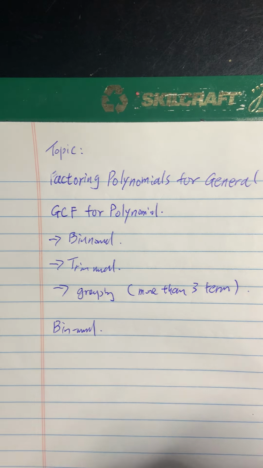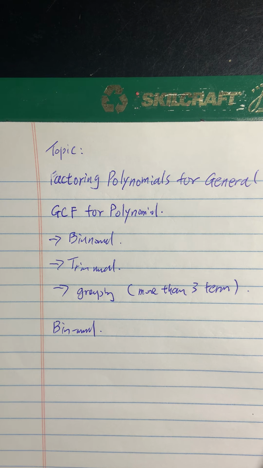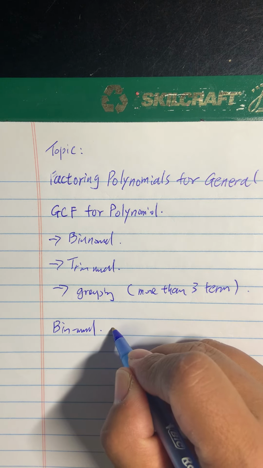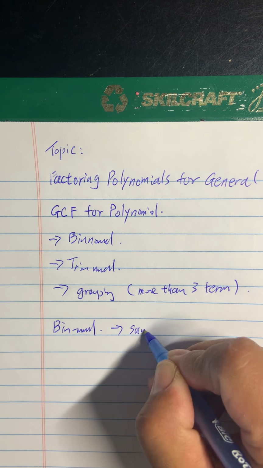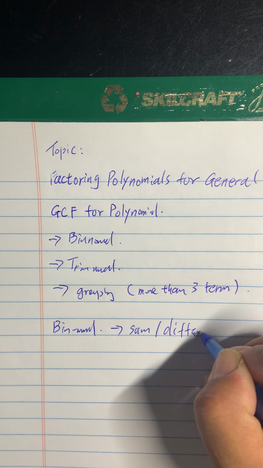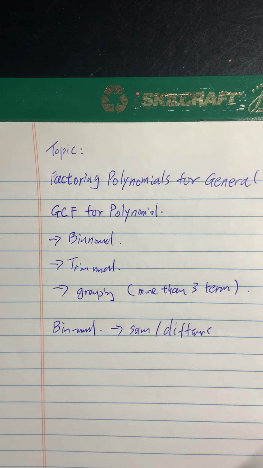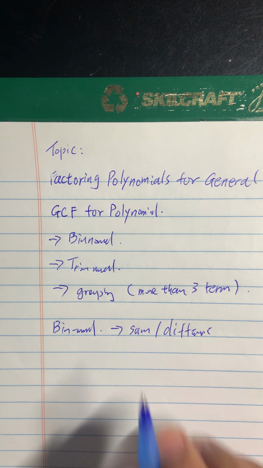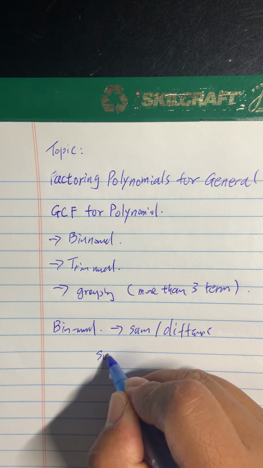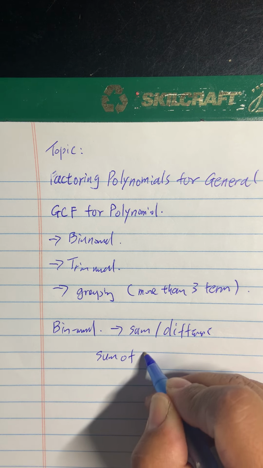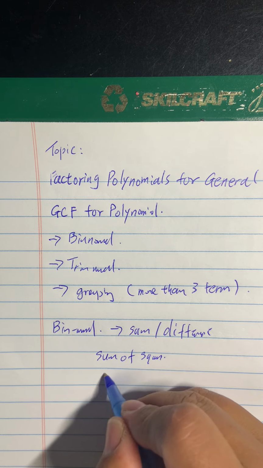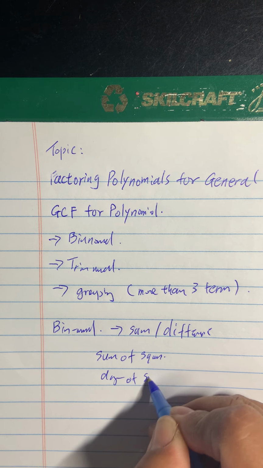Normally, we almost remember two things: one for the sum, the other one for the difference. So for the sum, they have the square, and the difference of the square.